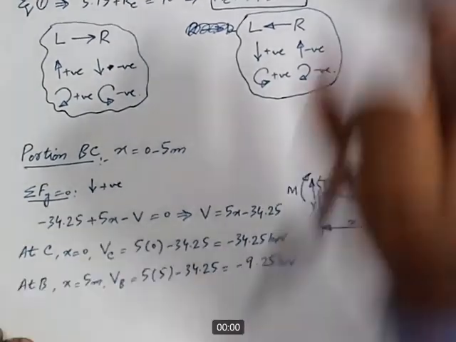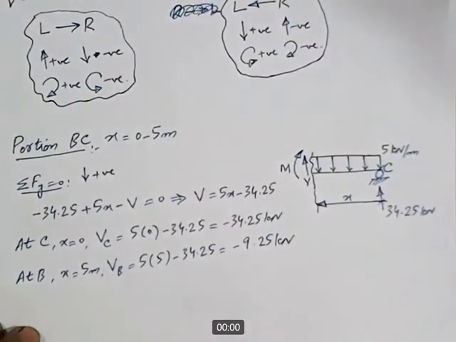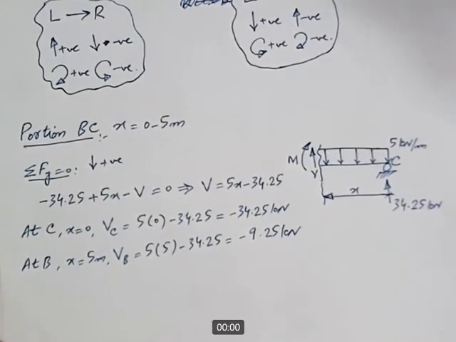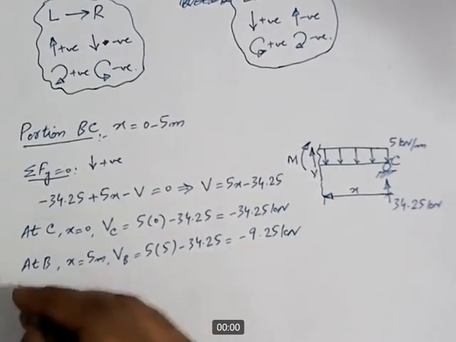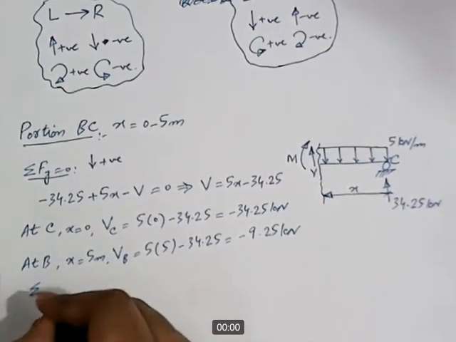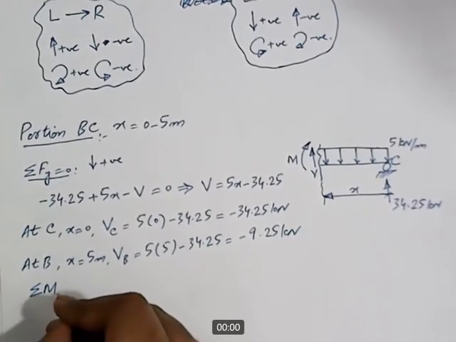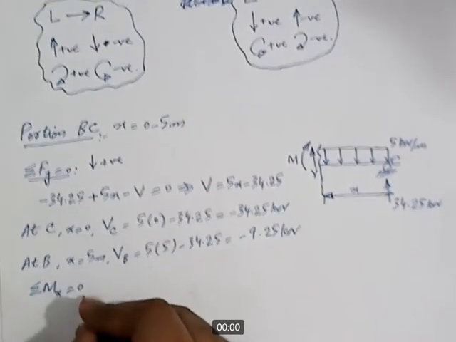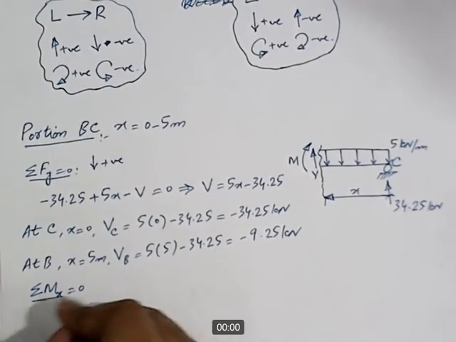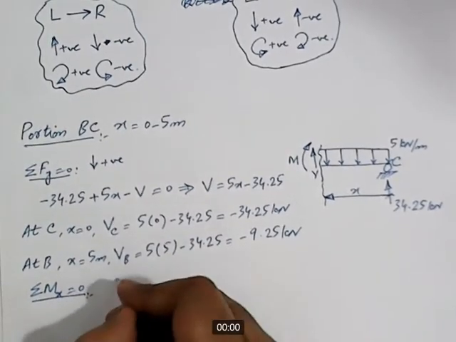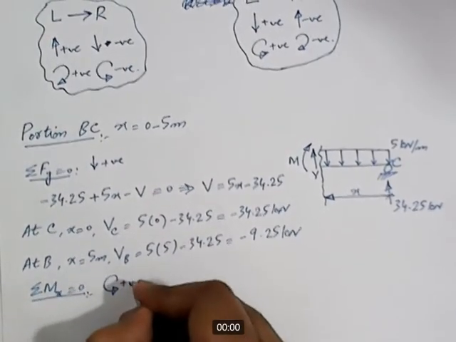Now next, let's write down the equation for bending moment for the section. So sigma Mx equal to 0, and this time our convention will be, we'll take clockwise movement as positive.